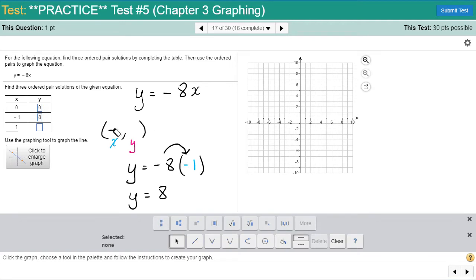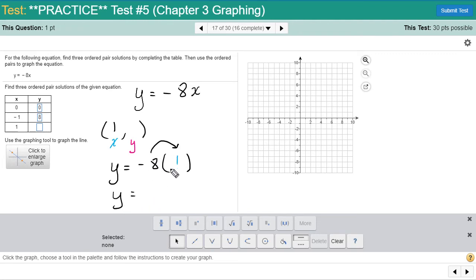And last but not least, let's find that third missing y. So we're going to let x be positive 1, and the y again is missing, so let's find it. Y is equal to negative 8 times x, but x is positive 1, and solving here for y, we end up with y equals, distribute, negative 8 times positive 1, of course, is negative 8.